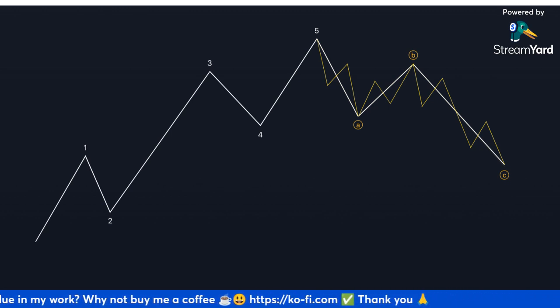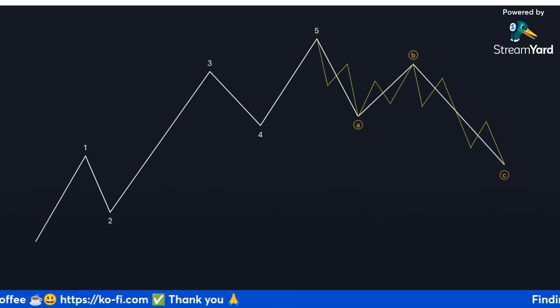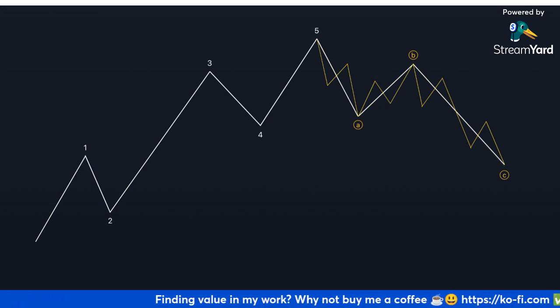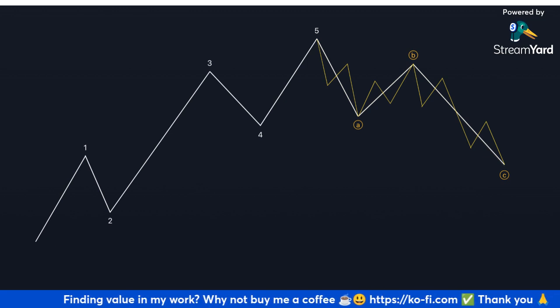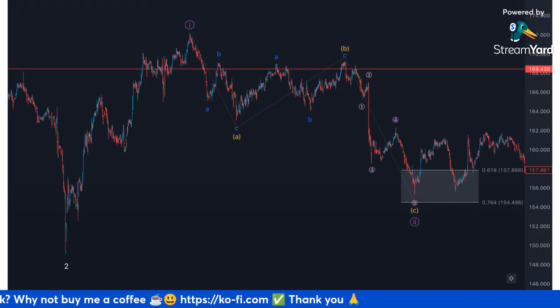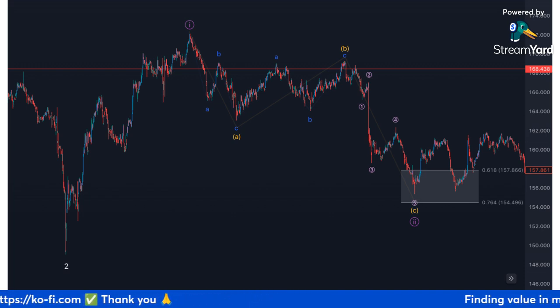And the B wave did not get up into the price territory of the top of the previous swing high, which is sure helpful. You see 3 down, you see 3 up, you expect to see 5 down.